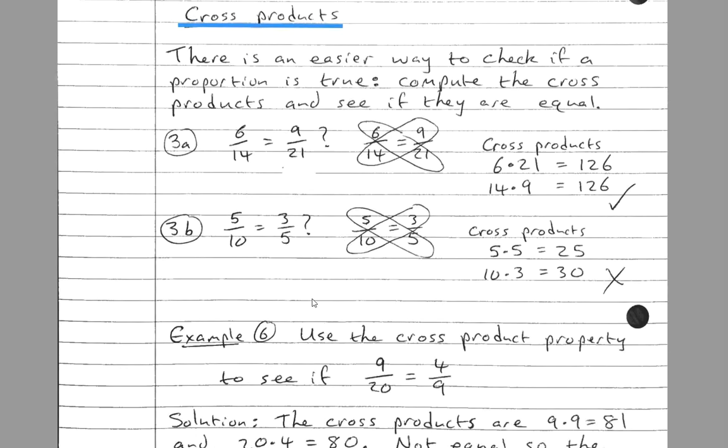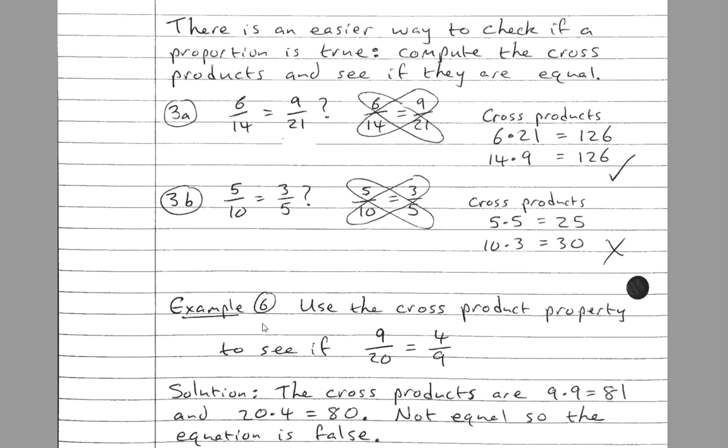All right, so let's use this to look at another example. Example 6. Use the cross product property to see if 9 over 20 is equal to 4 over 9. Do we have a true proportion here?